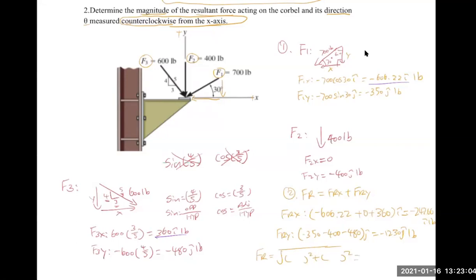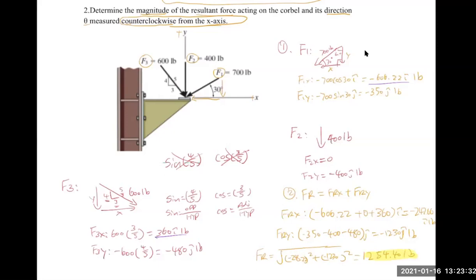So negative 246.22 squared plus negative 1230 squared, and then if we put this in the calculator, we're going to get 1,254.40 pounds.